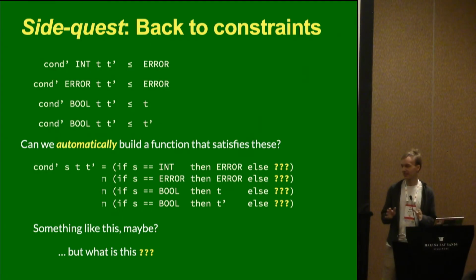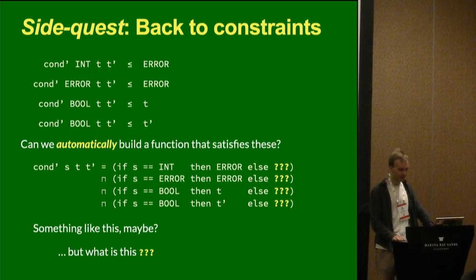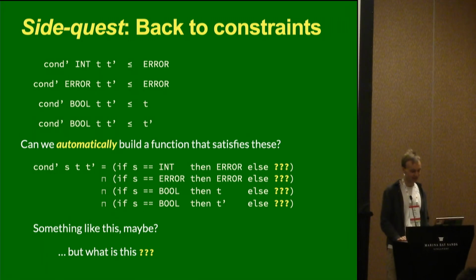Otherwise, don't worry about it. Just ignore this clause, ignore this case. It doesn't matter. And equally, if it's an error, give me an error. If it's a Boolean, I want it to give me t and also t prime. But otherwise, ignore it. Don't worry about this case.